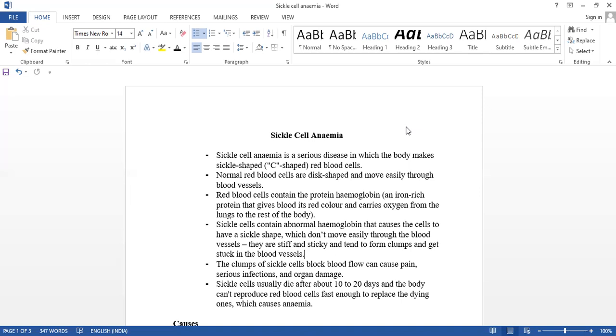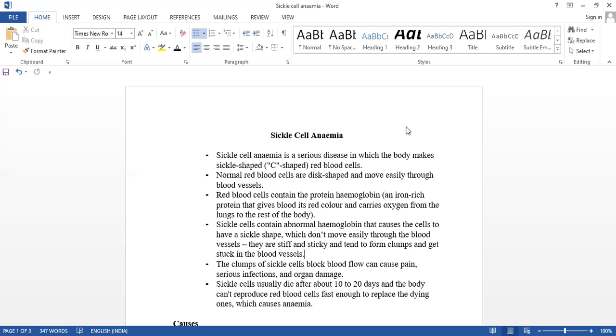Sickle cells usually die early. You know the lifespan of the RBC? 120 days. But due to the sickle shape, these will have only a 10 to 20 days lifespan.